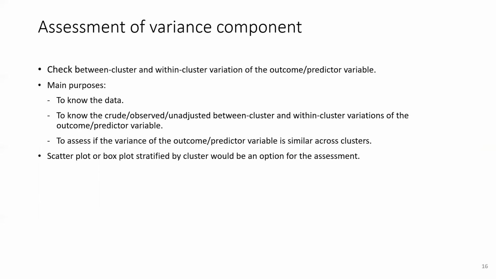And thirdly, to assess if the variance of the outcome or predictor variable is similar across clusters, because this is the assumption we use when we model mixed effect model as well as GEE.